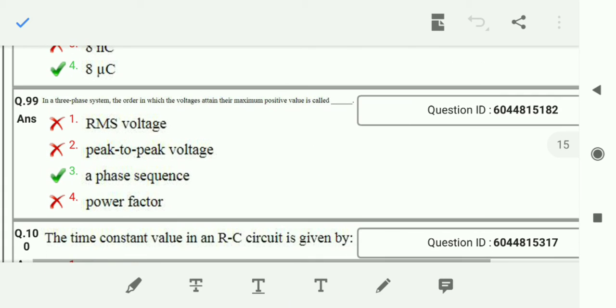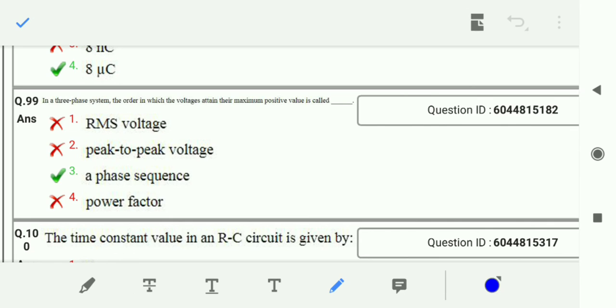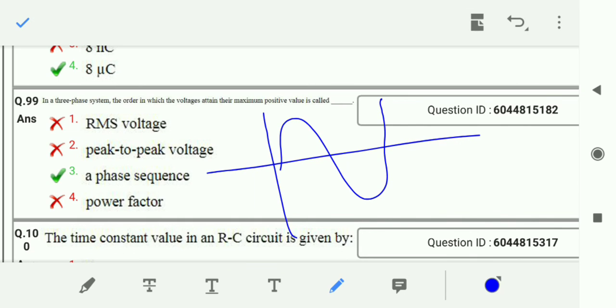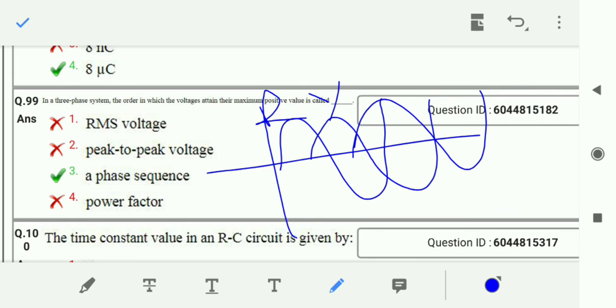Next, coming to question number 99. In a three-phase system, the order in which the voltages attain their maximum positive value is called the phase sequence, like RYB or RBY. If R attains maximum value first, then Y second, and B third, then it is called RYB.